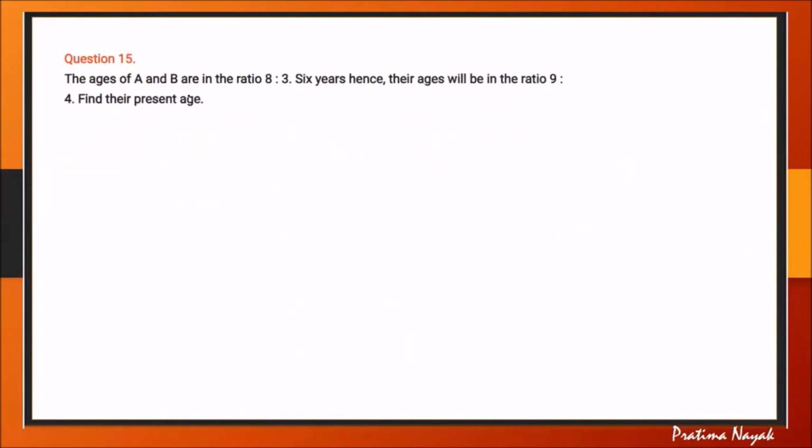Next, question number 15. The ages of A and B are in ratio 8:3. 6 years hence, the ratio will be 9:4. Find their present age. 6 years hence means after 6 years.